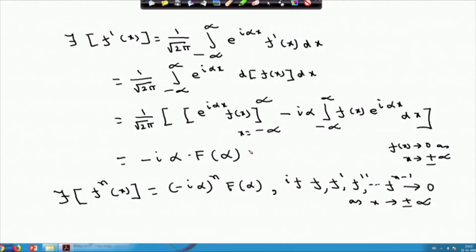In the same way, by induction I can prove this one. You can try it on your own: the Fourier transform of f^(n)(x) equals (minus i alpha) to the power n into F(alpha), where the condition, please note this one, is that f', f'', up to f^(n-1)(x) approach 0 whenever x approaches plus infinity or minus infinity.